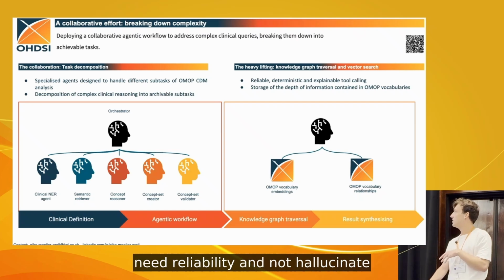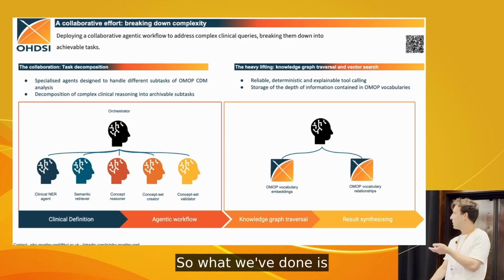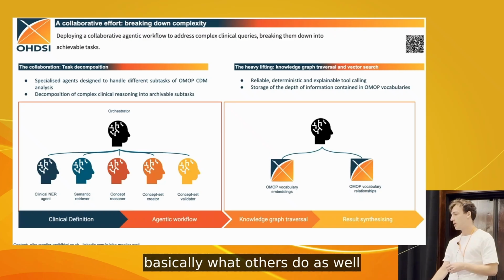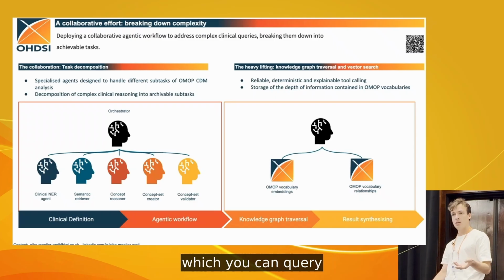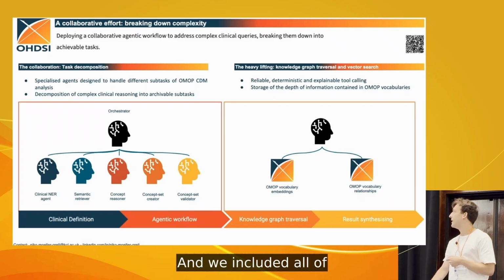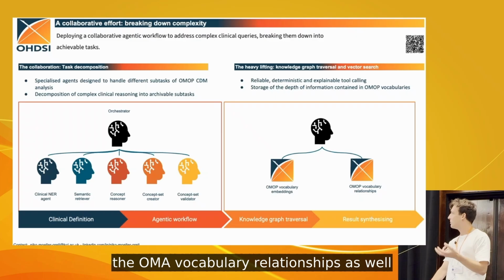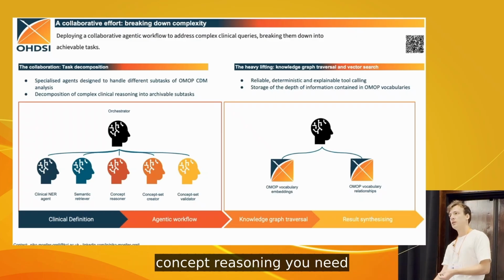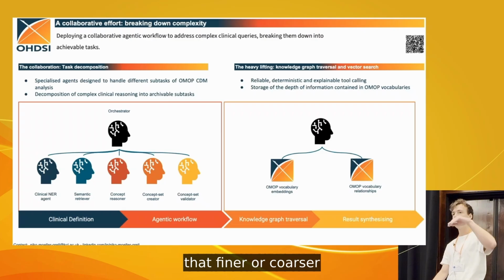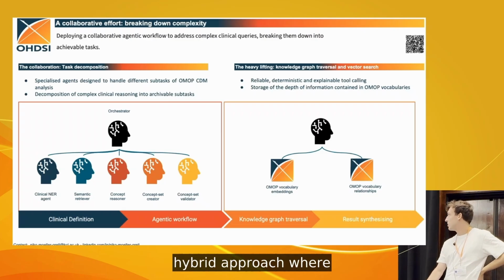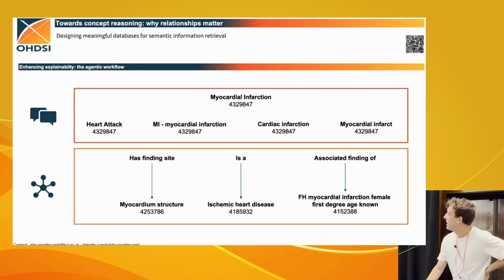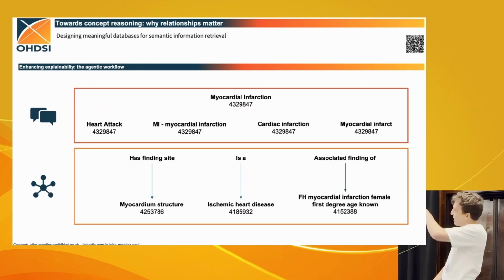The other thing is you need reliability and not hallucinate. So what we've done is basically what others do as well, build a vector database which you can query, which you can rely on, and we included all of the OMOP vocabulary relationships as well, because for medical concept reasoning you need that finer or coarser, etc. So we try to have a hybrid approach where you can get similarity, and that's the first thing.